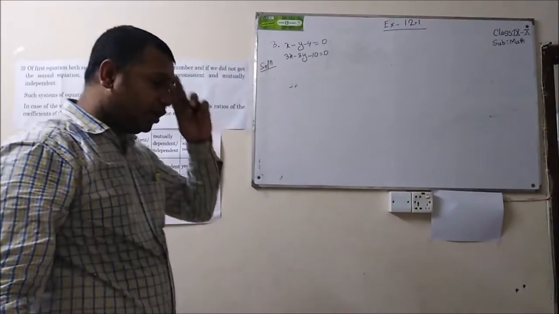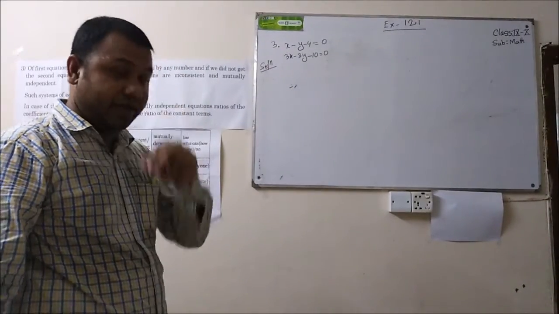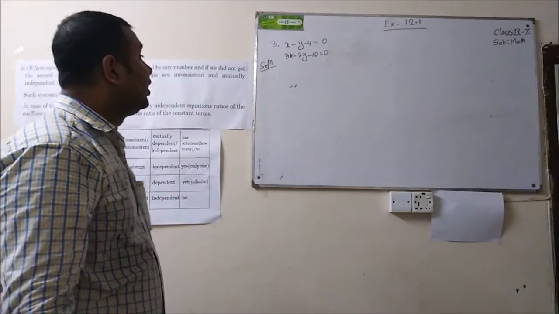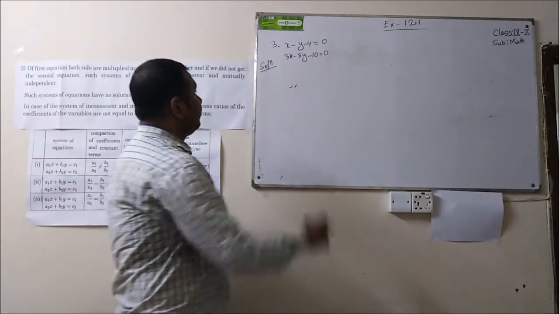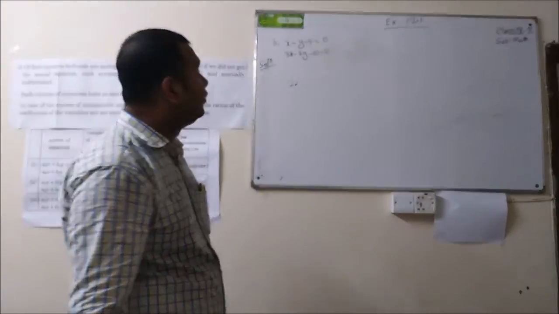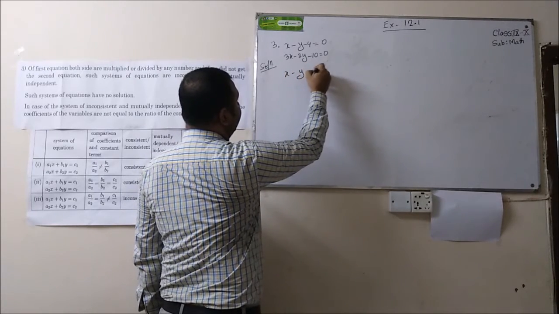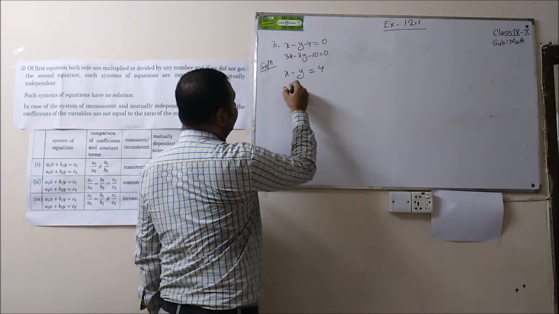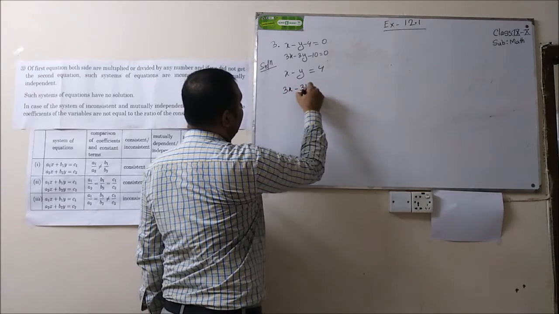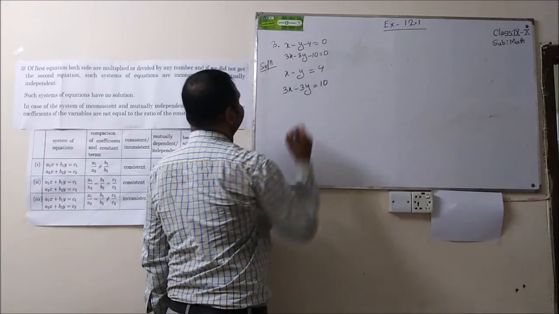So here is question number 3. I am just writing on the board. You can see here. So we are just going to solve it. Before we solve, we have to change the sign of the constant term. So here I am writing x minus y equal to 4 and 3x minus 3y equal to 10.